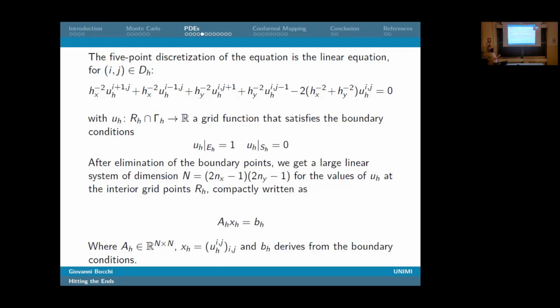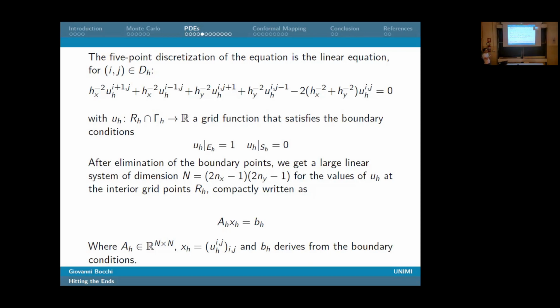Here x_h is u_h unraveled, where we take all the rows and we stack them into a single column. And in the same way, we will construct this matrix A_h, which is of dimension N times N, which is the product of these two terms, which will be essentially a positive definite matrix made by just 5 non-zero diagonals.